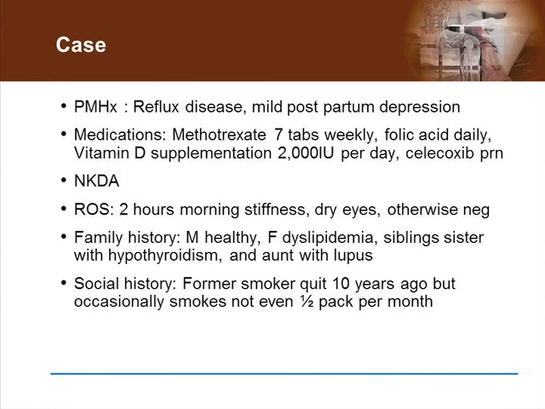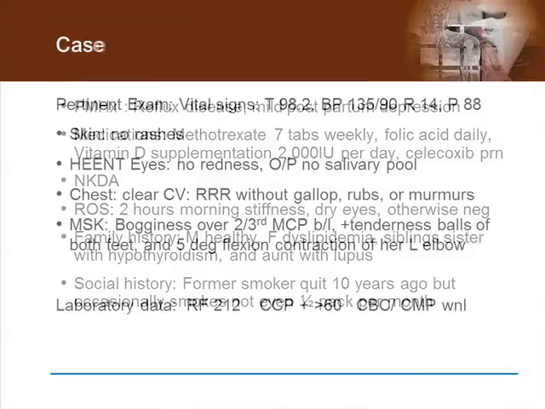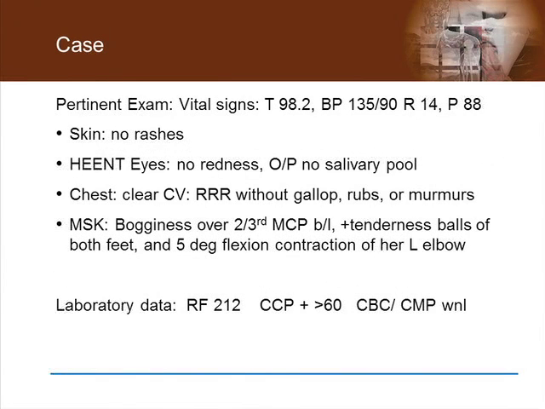The medications that she did decide to go on after her childbearing years: she is on methotrexate at 7 tabs once a week, folic acid daily. She does take vitamin D supplementation at 2,000 units per day, and she takes Celebrex on occasion. She has no known drug allergies. Her review of symptoms is significant for greater than 2 hours of morning stiffness, some dry eyes. Otherwise, everything else was unremarkable.